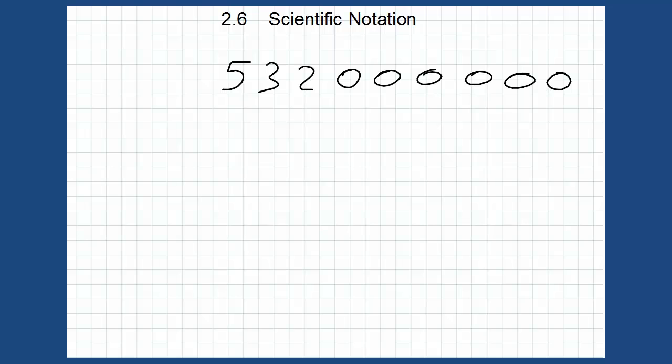Scientific notation wants us to write a number composed of only one digit to the left of the decimal, and this digit must be a number between 1 and 9. The other digits are to the right of the decimal.